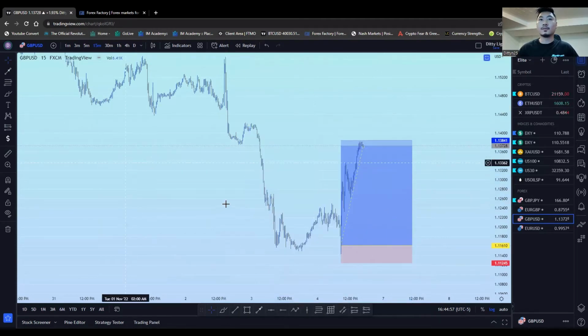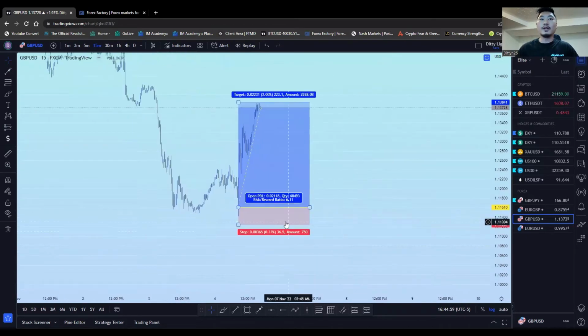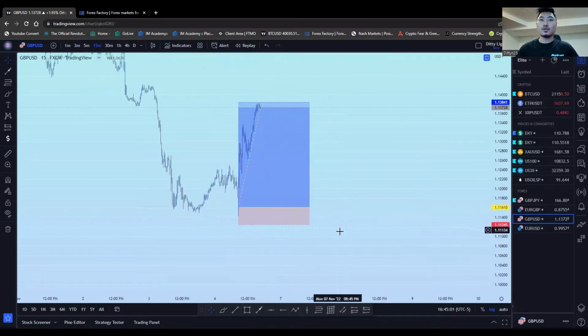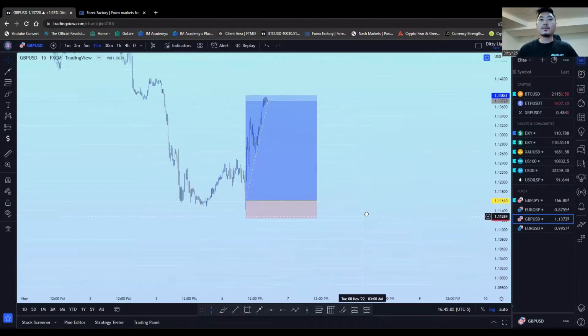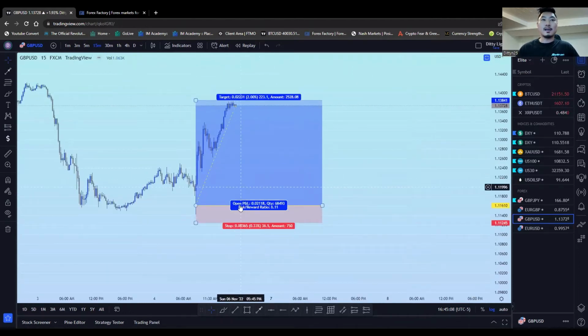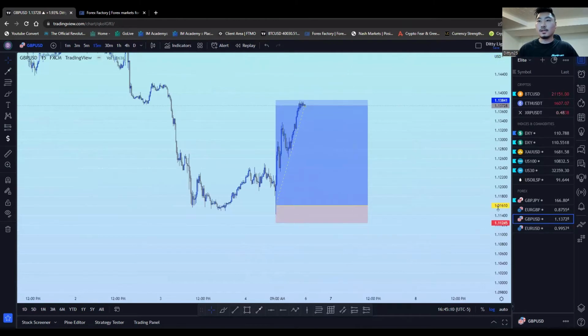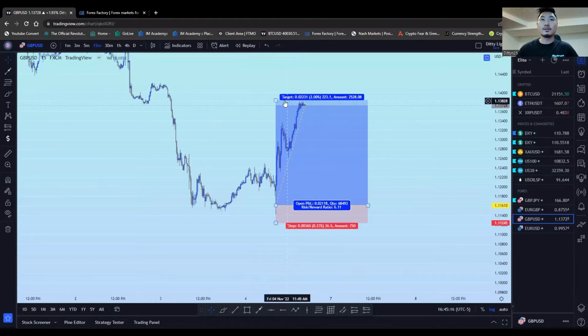There you go. And also the red here is the stop loss, right? So what are you risking in the market? So for this example here, you can see the entry price and the stop loss here. And let's say the final take profit. Okay, this is just an example.